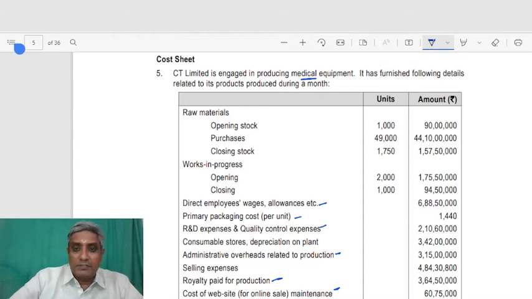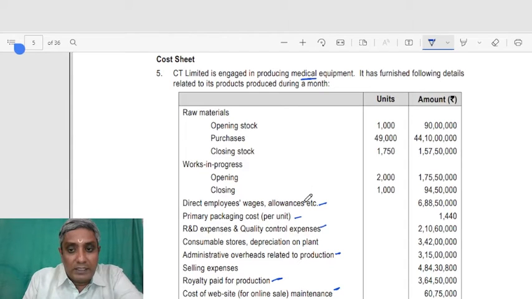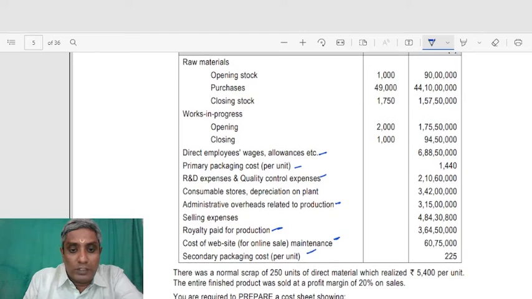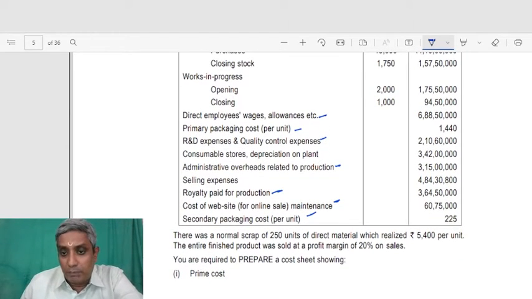Now, let us see further. By seeing the question itself, you should know where these items will be placed. Then it's very easy to prepare a cost sheet. Now there was a normal scrap of 250 units of direct material, which was realized at 5,400 per unit. So there is a scrap realization, and a profit of 20% on sales.